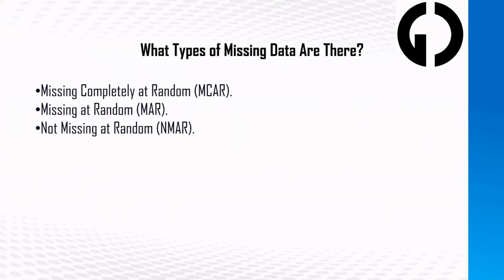So, what are the types of missing data? The first is missing completely at random. In MCAR, the probability of data being missing is the same for all the observations.